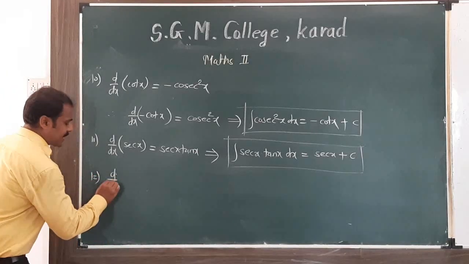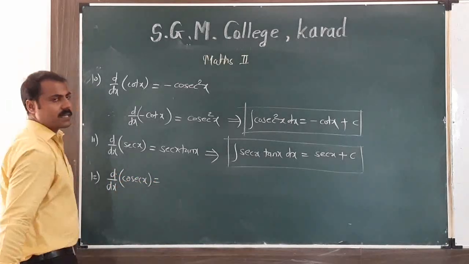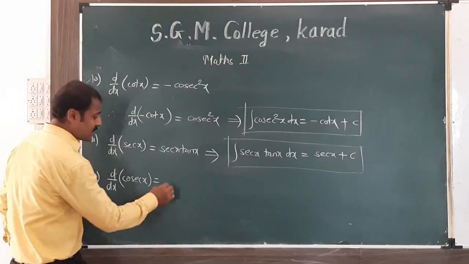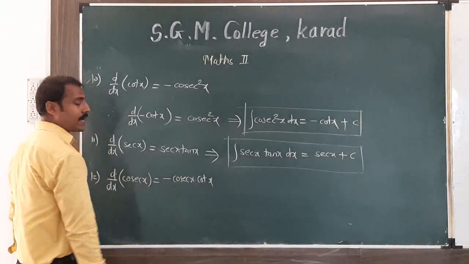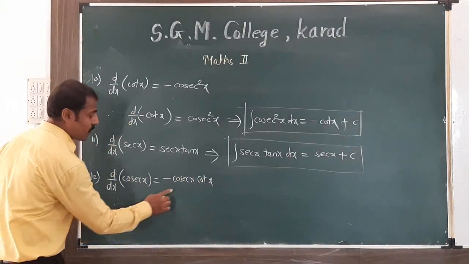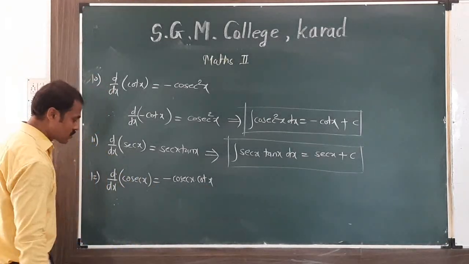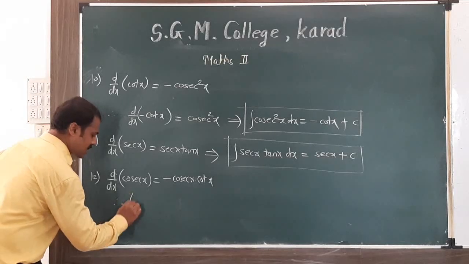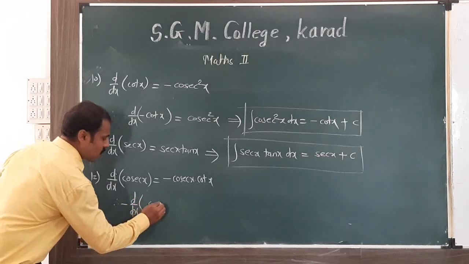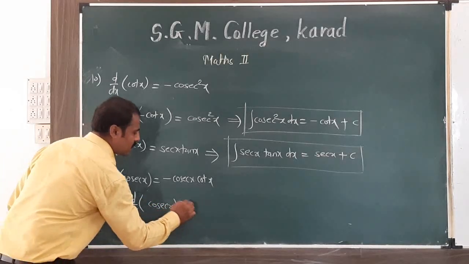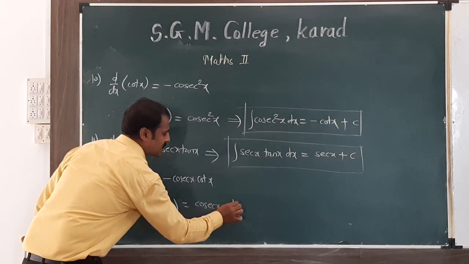Next, d/dx of cosec x. We know that derivative of cosec x is minus cosec x into cot x. Multiplying both sides by minus. Why? We are interested in finding integration of cosec x into cot x. That's why I multiply both sides by minus 1. So minus d/dx of cosec x is equal to minus minus becomes plus cosec x into cot x.